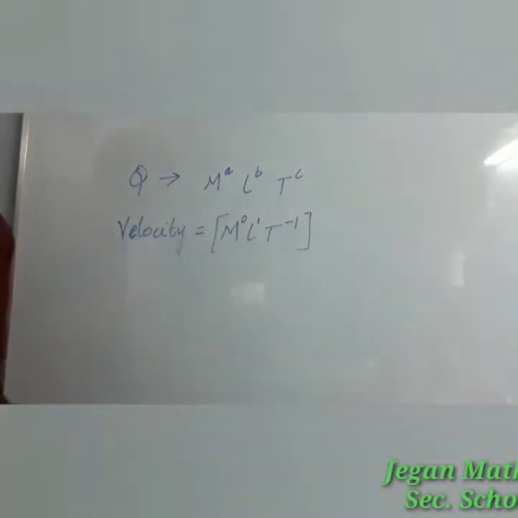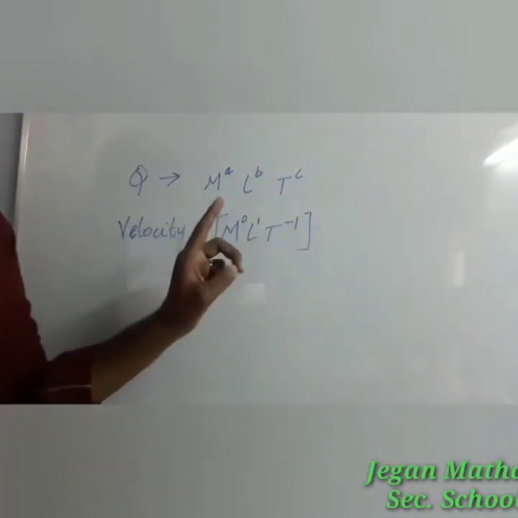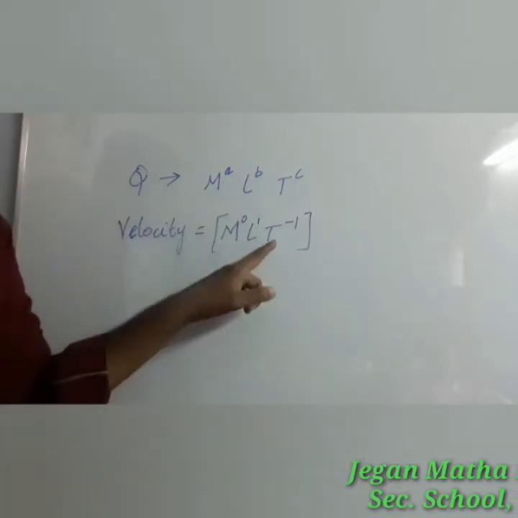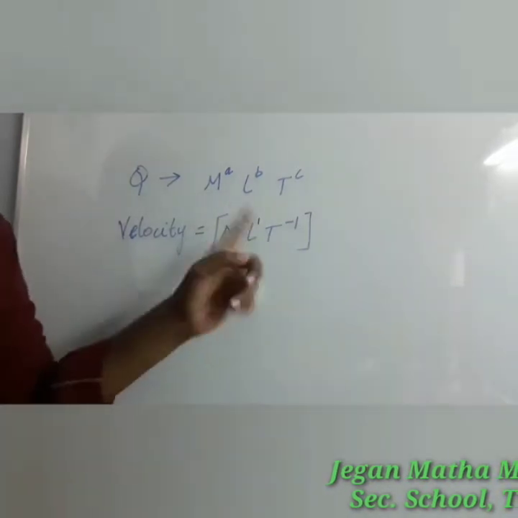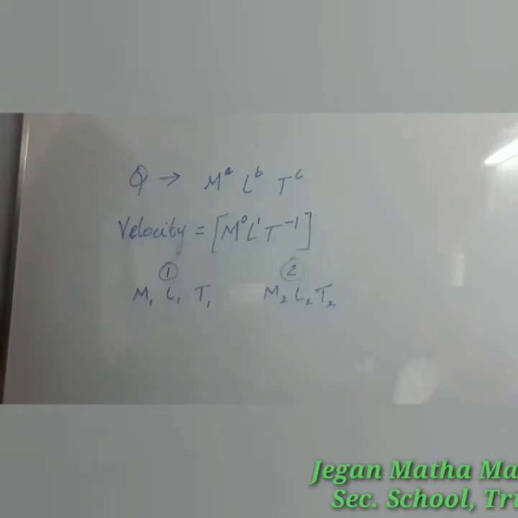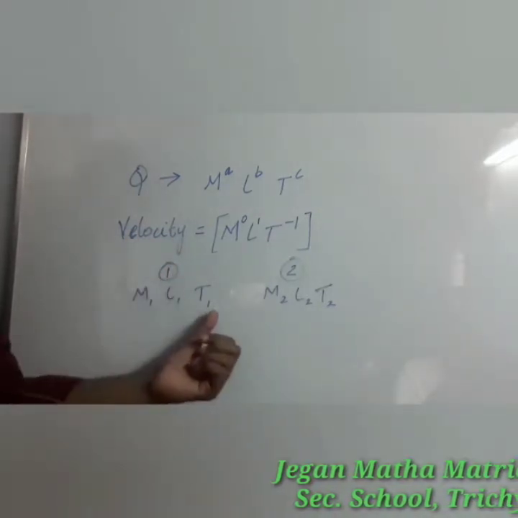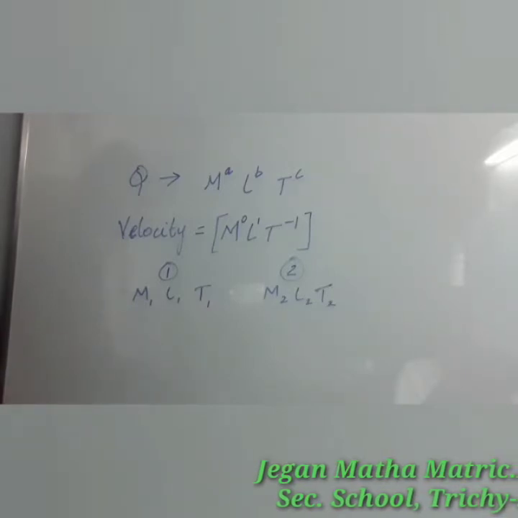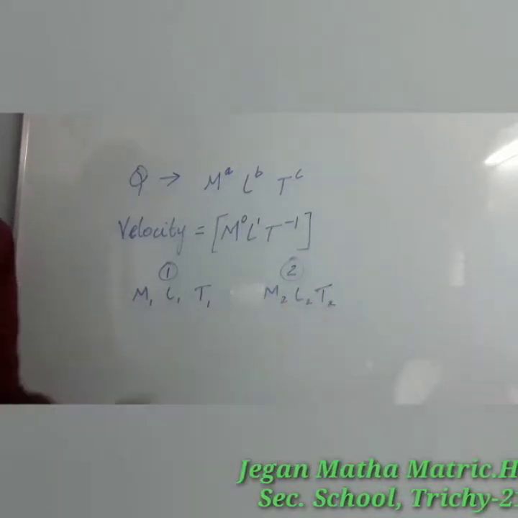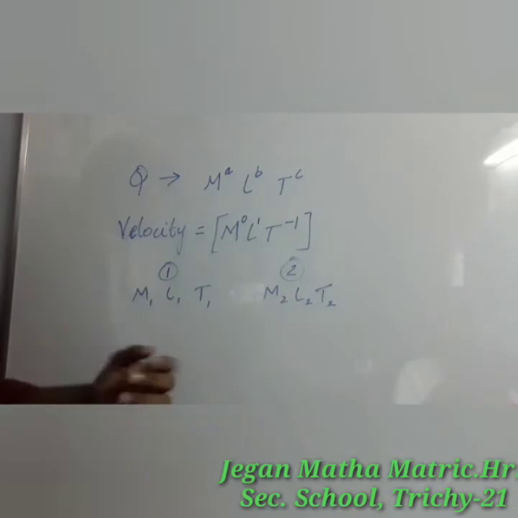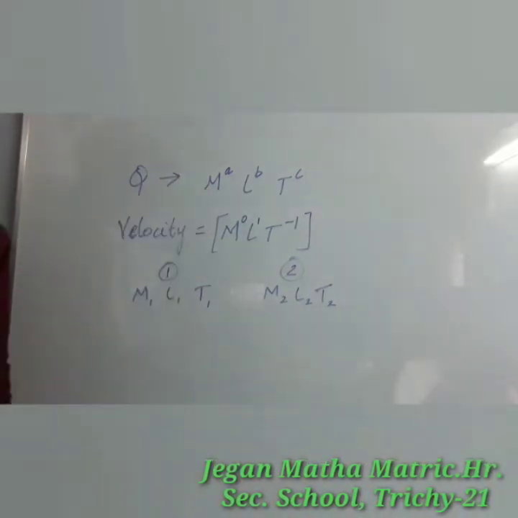So M power 0. What is the dimension for length? 1. The power value is 1. What is the dimension value in time? Minus 1. If the fundamental units in one system are m1, l1, t1 and in the other system m2, l2, t2 respectively, then we can write like the previous expression.